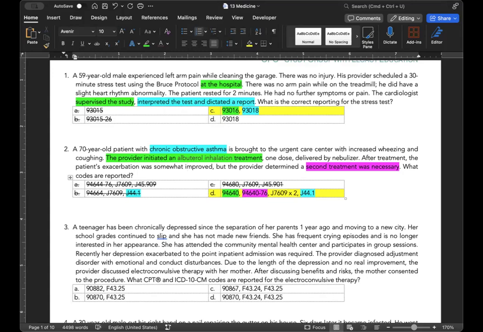So if we have a unit dose of compounded albuterol, we would go to albuterol unit dose compounded, and then our route of administration is inhalation, and it's going to give us our J7609. And again, we're going to use 2 units because we have to provide 1 unit for each of the treatments.